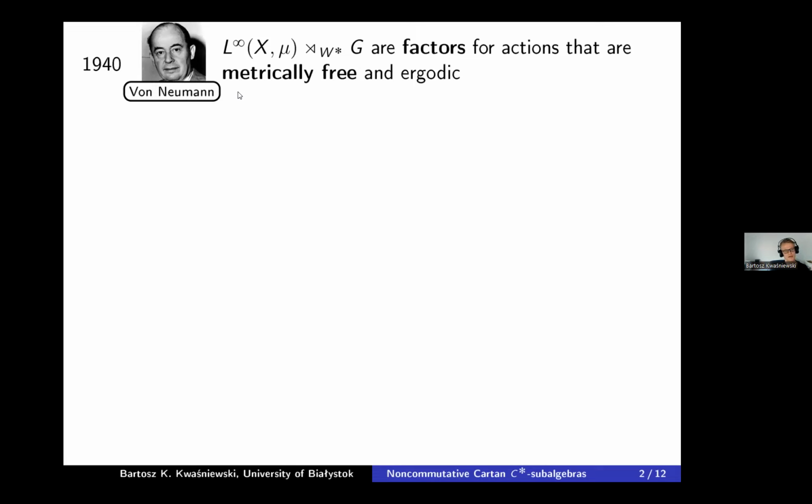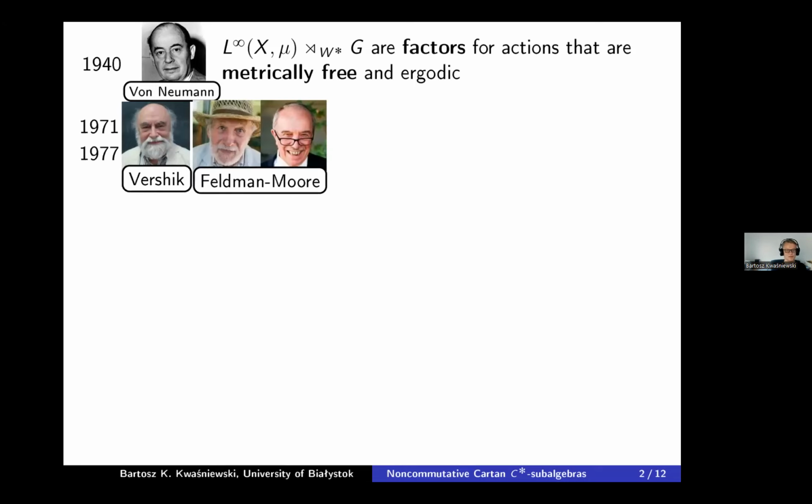Soon it was realized that from this inclusion of the maximal abelian algebra into the cross product, one can recover at least the orbits of the action, if not the whole action. In fact, in 1971, Vershik noticed that, and then Feldman and Moore developed this theory in more detail.